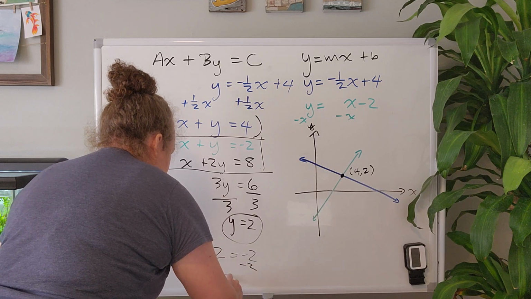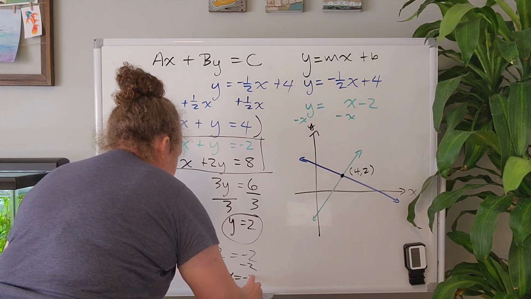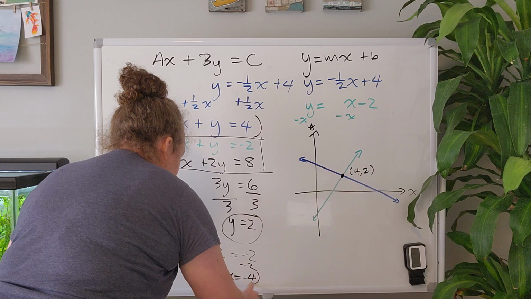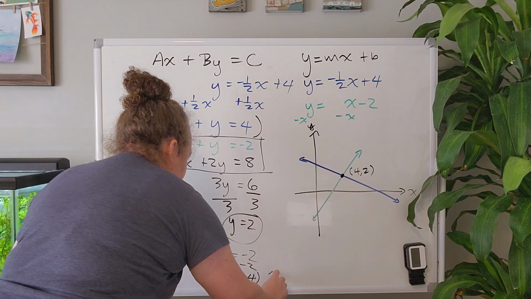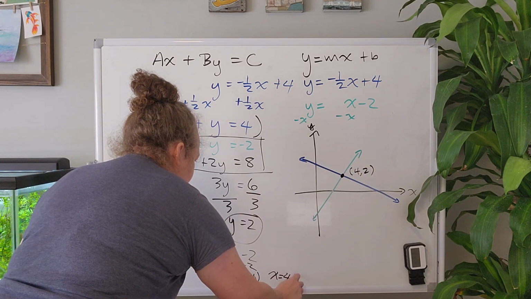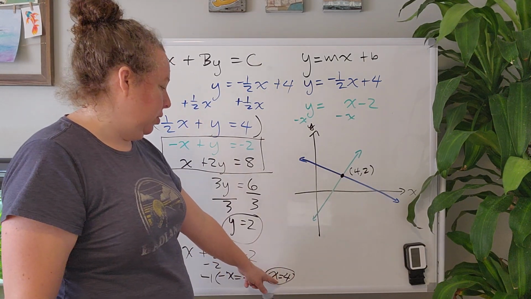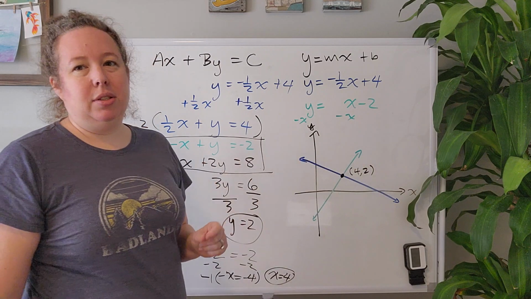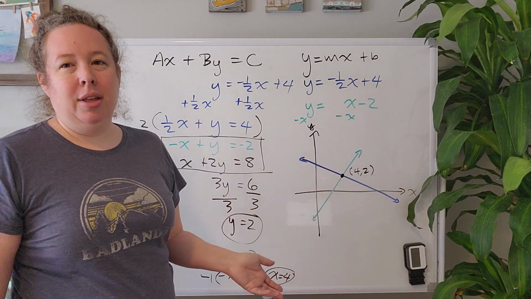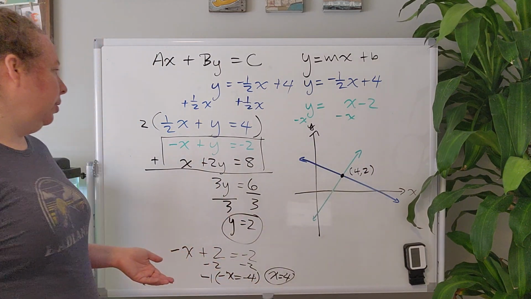Subtract 2 from both sides. -x is equal to -4. I can multiply everything by -1, and we find that x is equal to 4. And again, I'm so happy to see x is equal to 4 because the point where these lines intersect is where x is equal to 4.